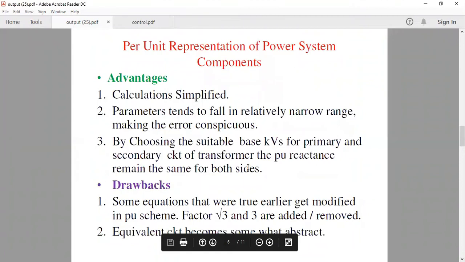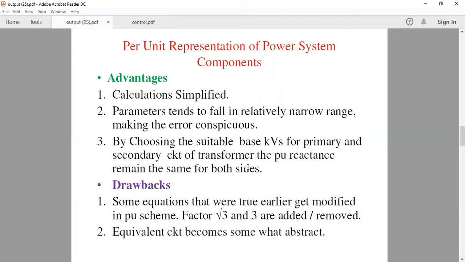Let's see the advantages and drawbacks of the per unit representation of the power system components. So let's see first the advantages. As we have discussed, the calculations are a bit simplified and it is convenient for the analysis purpose. Then the parameters tend to fall in a relatively narrow range, making the error conspicuous.